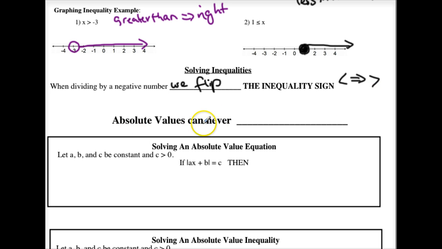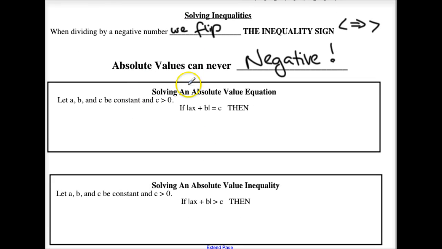Absolute value, when we're doing this, can never be negative. We can't get an absolute value from a negative. So absolute value will always be a positive. So now this is where it gets into our lesson. We have two important things we need to remember. When we're solving an equation, which is with an equal sign, there will always be two solutions.